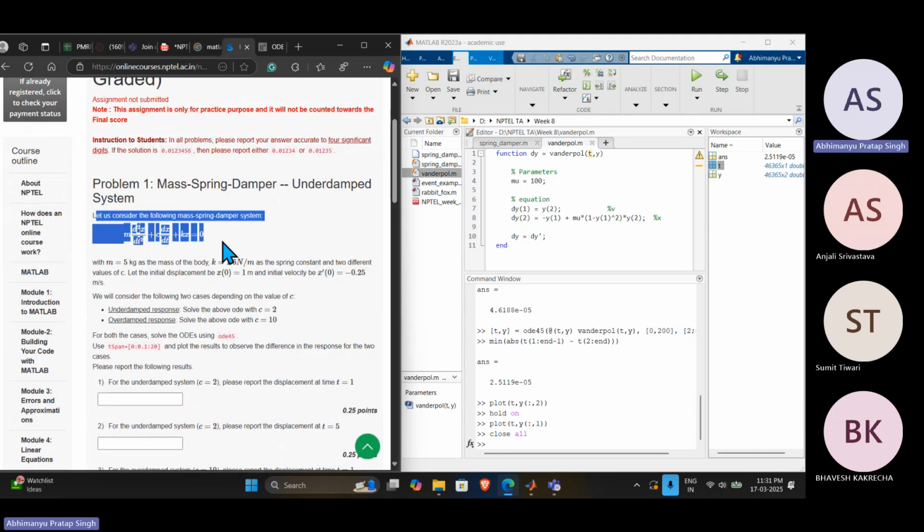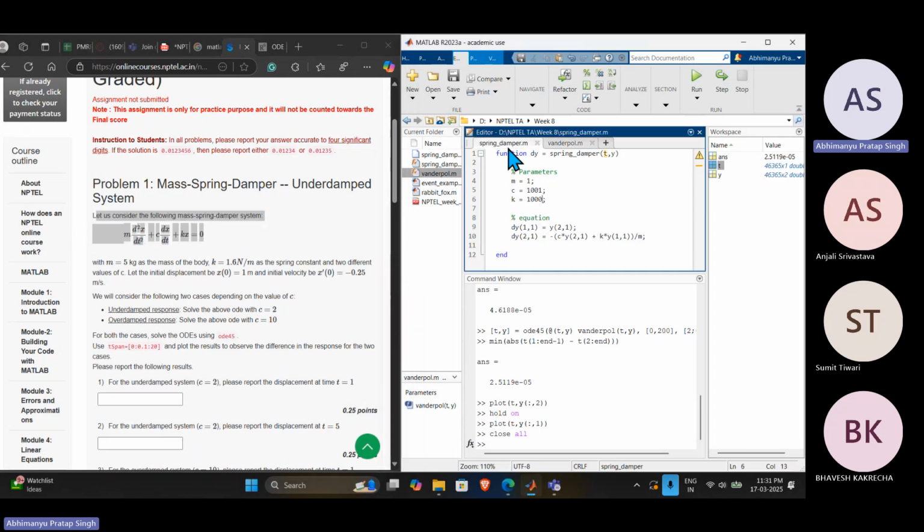So this is just the spring mass damper problem. We already have a function for it. I will just enter the parameters. Two different values of C. The first one is for C equal to 2, and K value is 1.6. So it's an under damped system.